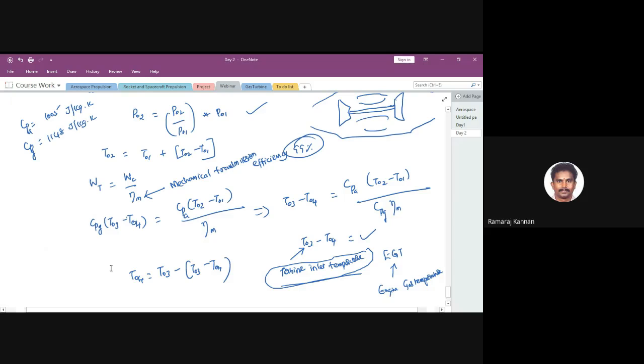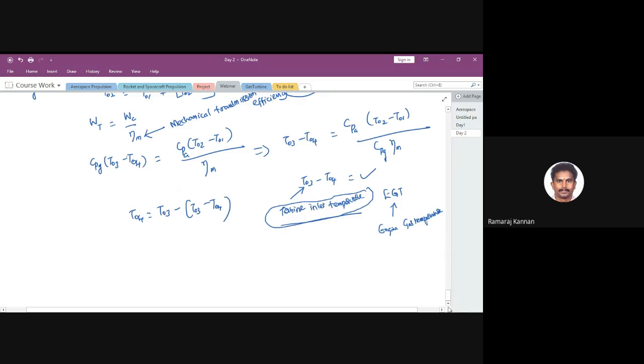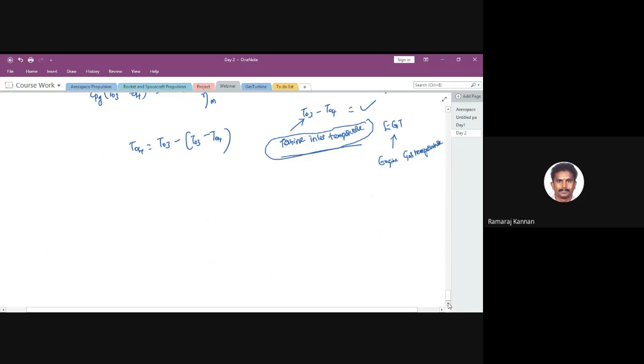Other than that, we need to know your P03, that is your chamber pressure at the exit of this one: P02 minus delta PB. That is your combustion chamber pressure loss.